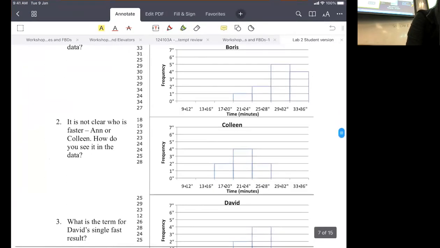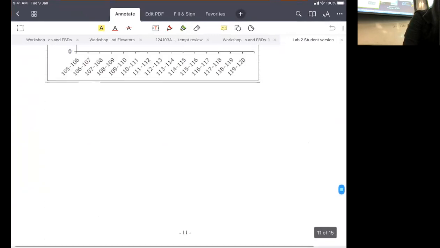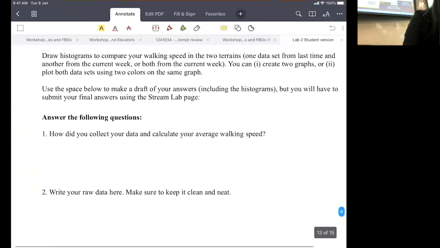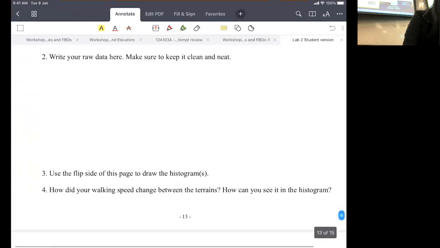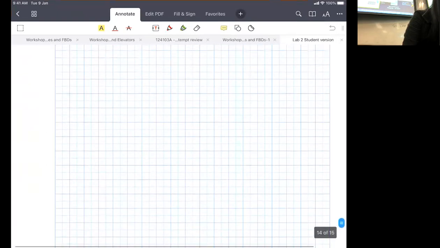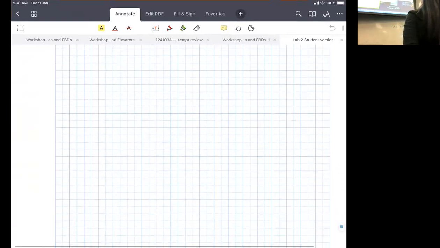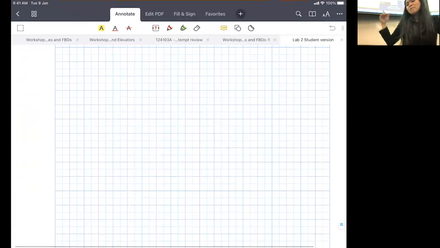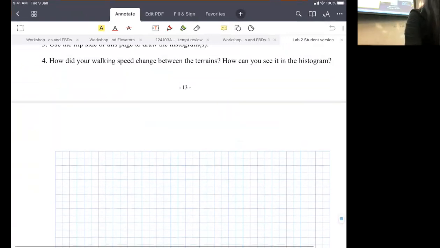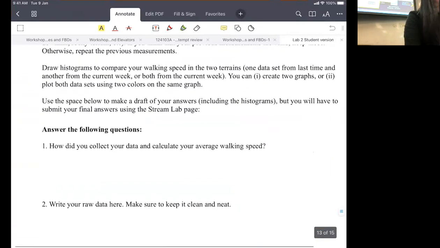Let's go to the homework page. The homework page asks you here, there's a graphing paper provided. This is where you will graph your speeds. So the x-axis should be speed, not time. And again, a clear description of how you collected your data.